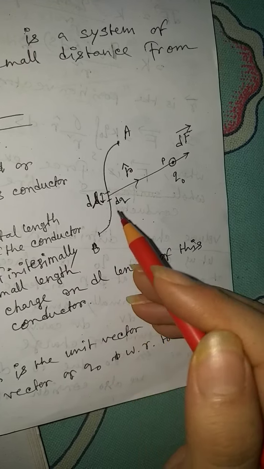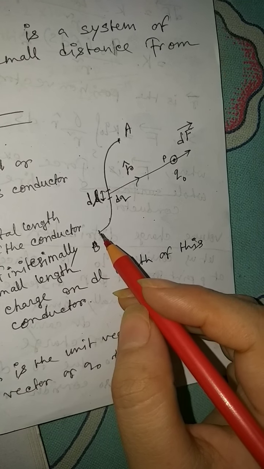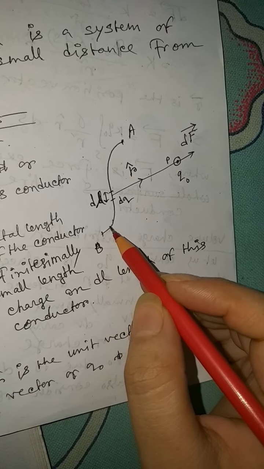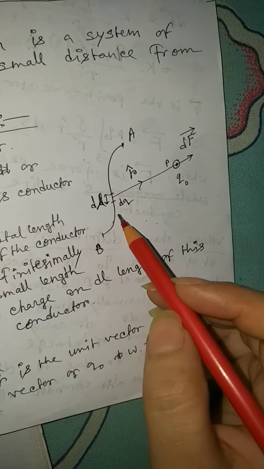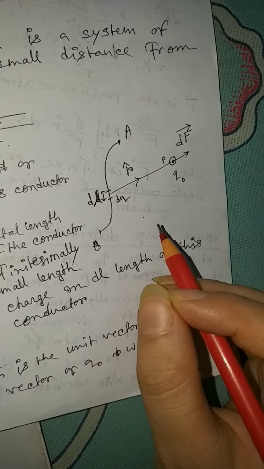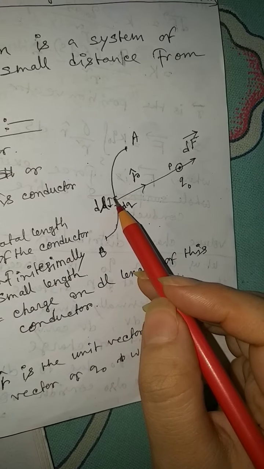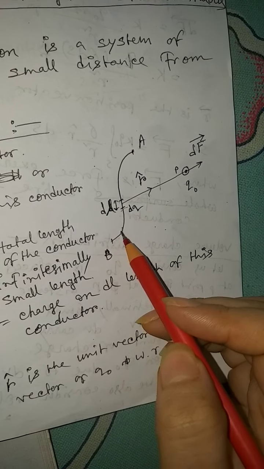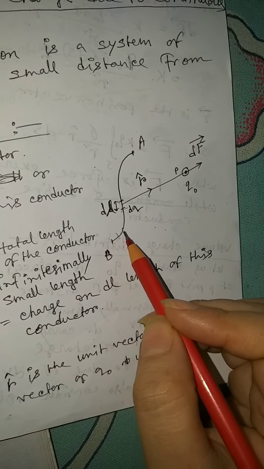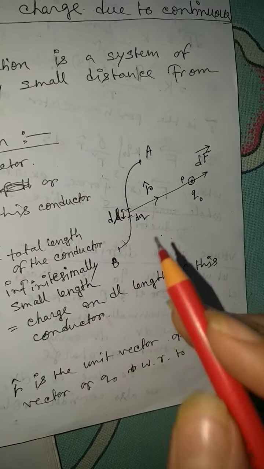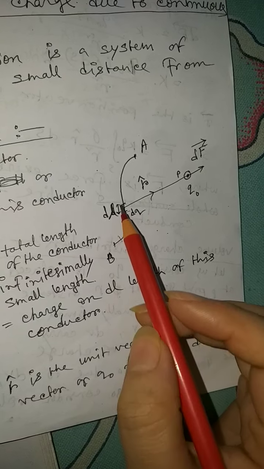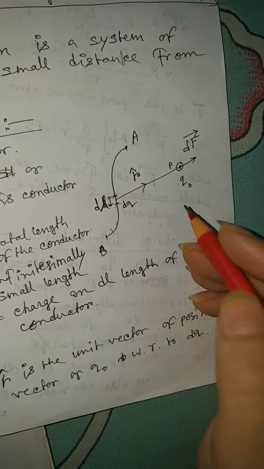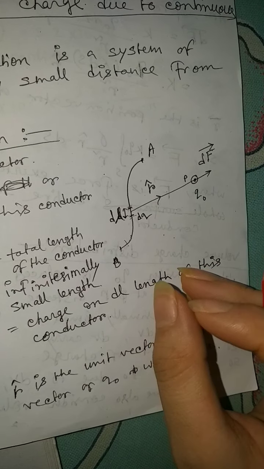So first of all, we will consider this wire as a sum of infinitesimally small lengths. We can divide this wire into so many numbers of dl lengths. dl is a very, very small length.